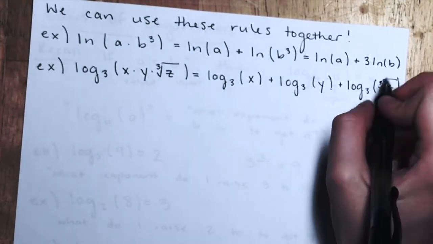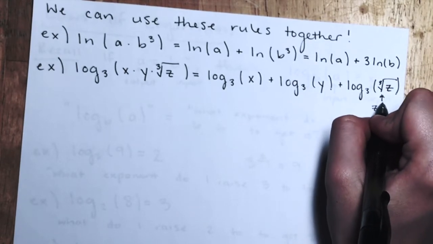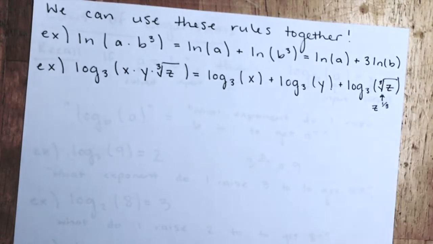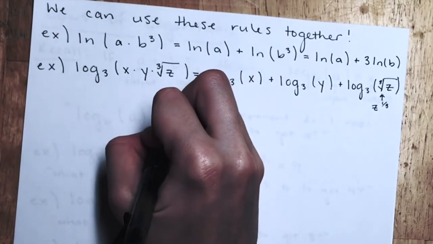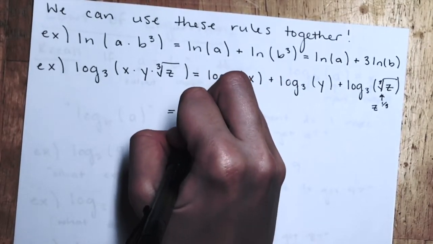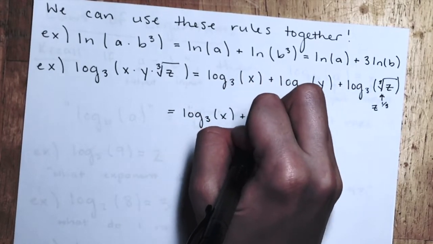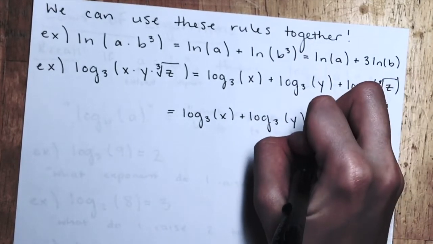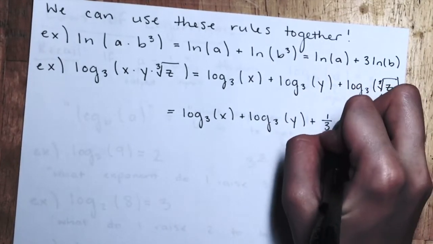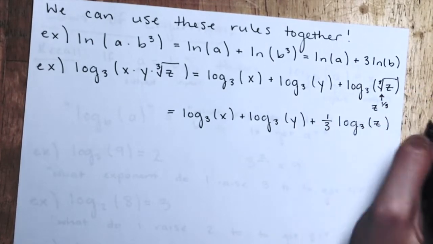Remember, from those rules we just looked at, we know that the cube root of z is the same thing as z raised to the 1/3, right? So this is equal to log base 3 of x plus log base 3 of y plus 1/3 log base 3 of z.